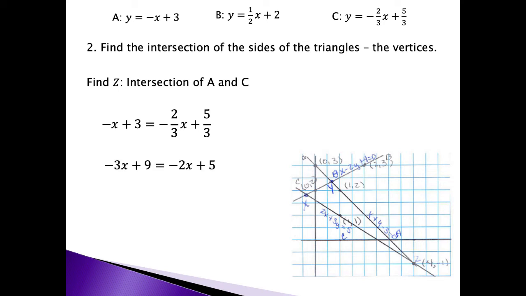Multiply both sides by 3, so I get minus 3x plus 9 equals minus 2x plus 5. Then I find that X equals 4. Y equals minus 4 plus 3, which equals negative 1. So Z is the point 4, negative 1.